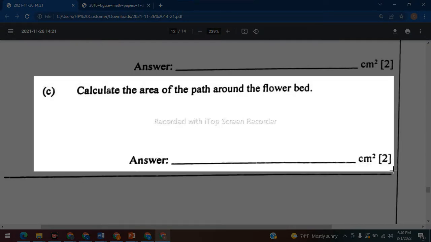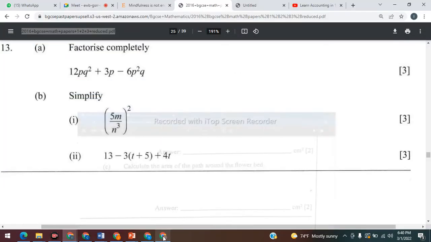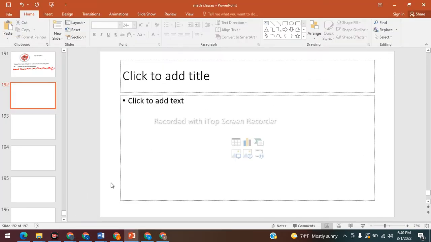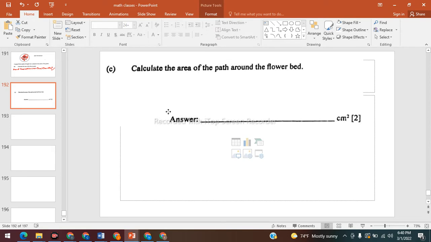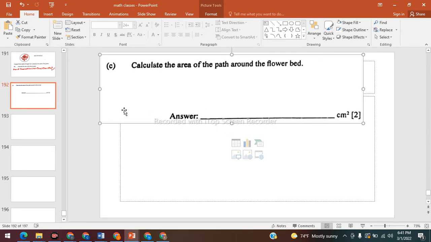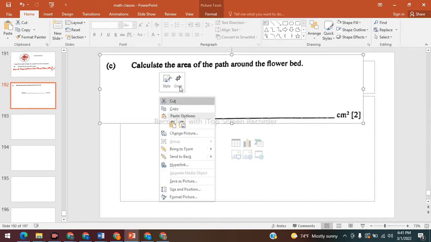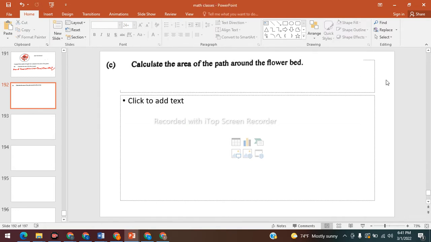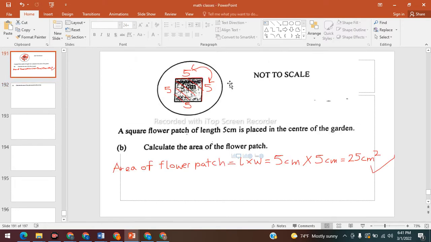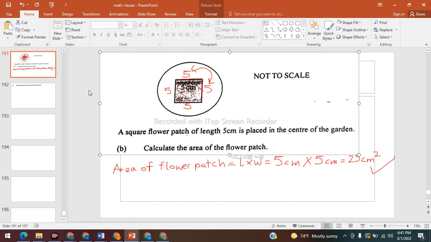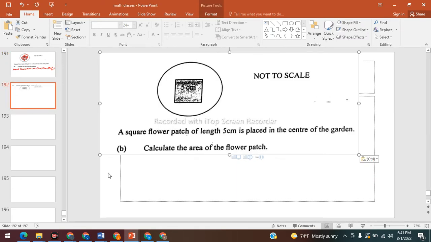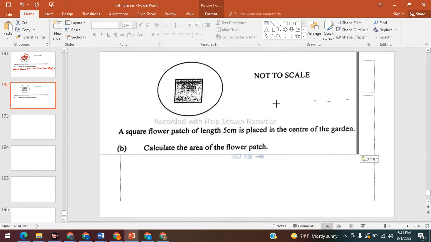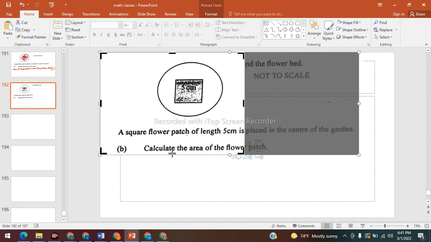How do you think we're going to get that? When you find both, you just subtract the smaller from the larger. Very good, Miss Jacqueline. You're right, absolutely right.